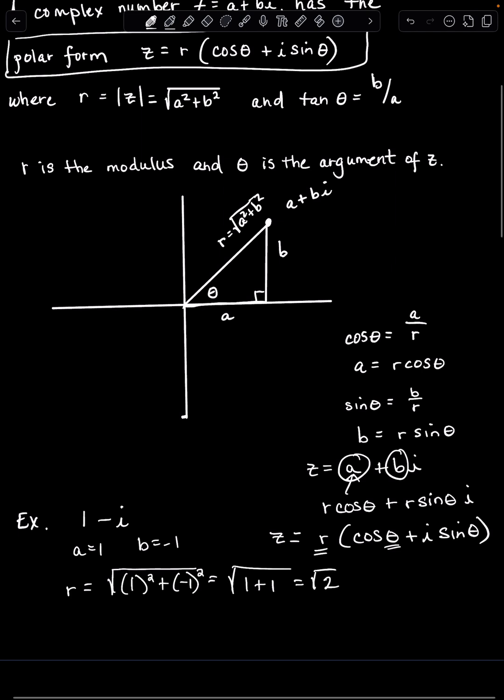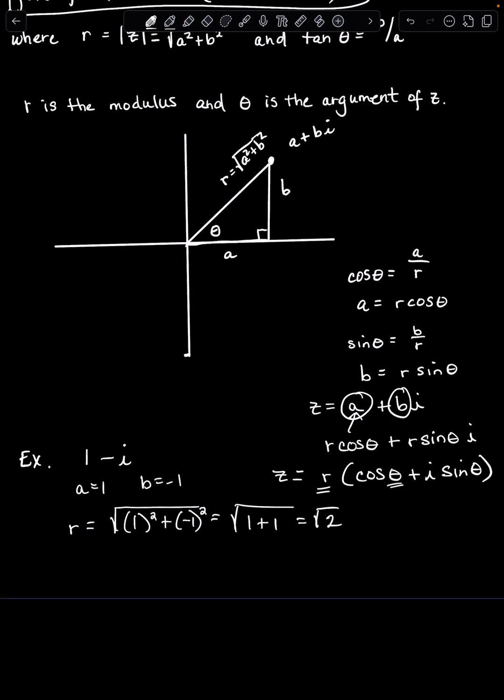The next thing I have to have is theta. This is the important note, always: when we're looking for theta, you have to pay attention to what quadrant theta is coming out of. If I'm looking at the graph of 1 minus i, I would go over 1 on the real axis and down 1 on the imaginary axis. So I'm in quadrant 4, so my theta is coming out of quadrant 4.